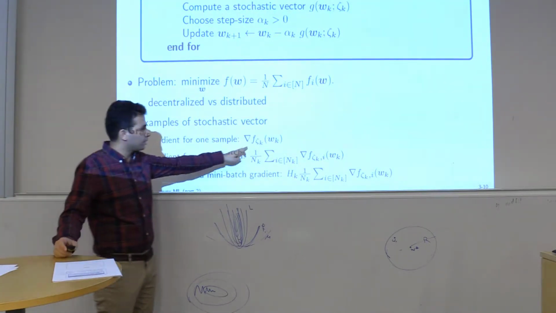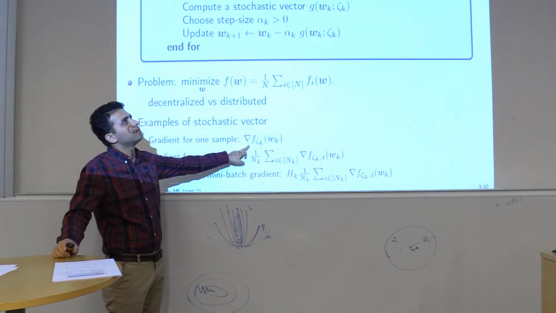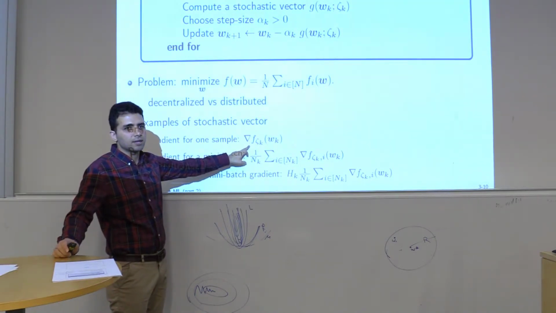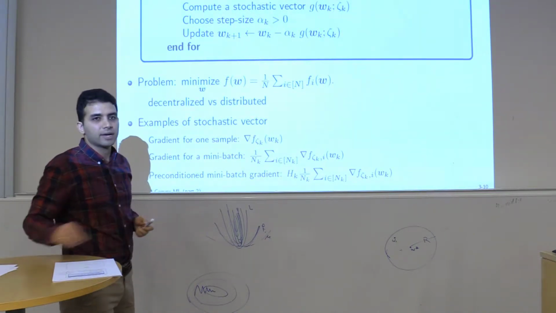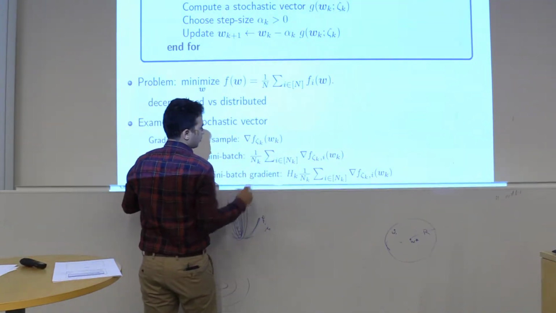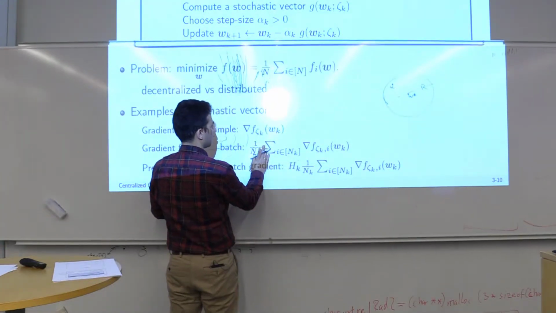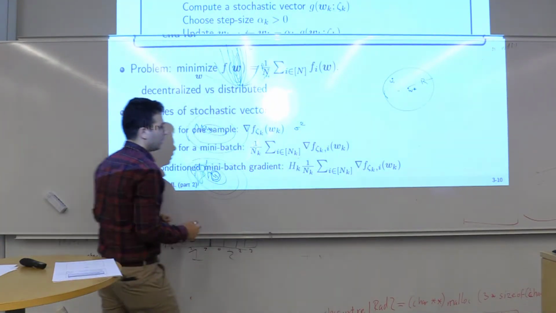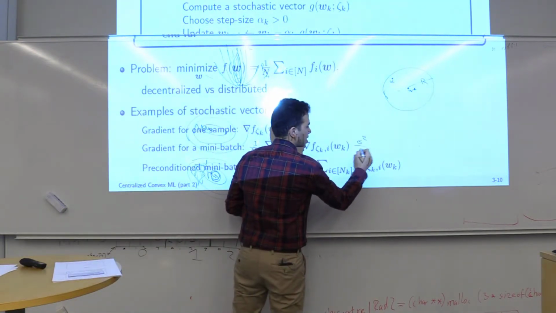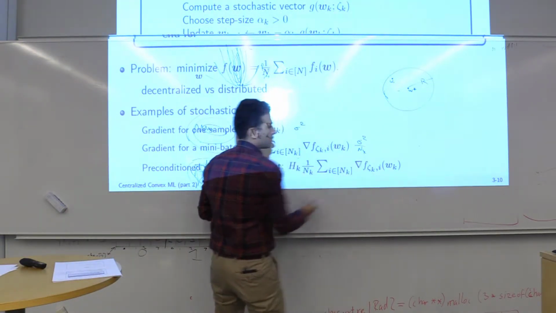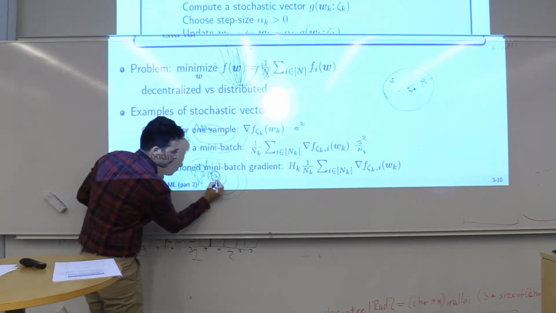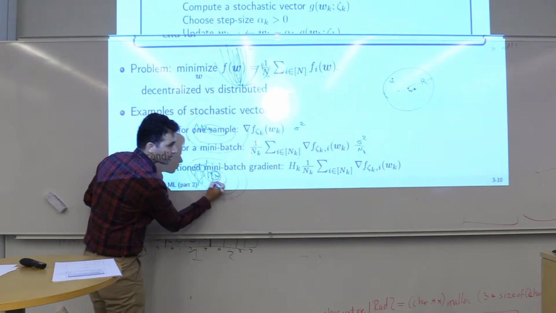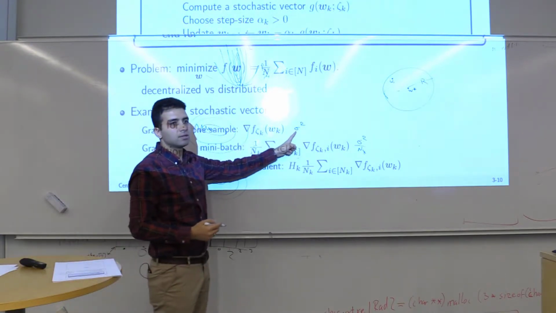By the way, what is the variance of the noise of the gradients? The variance is the variance of this G. If the variance of G here is sigma squared, then for the mini batch you can show that it is sigma squared divided by n_k. So the variance will be reduced, and we will see later on that the radius of this ambiguity ball will be a function of this sigma squared.